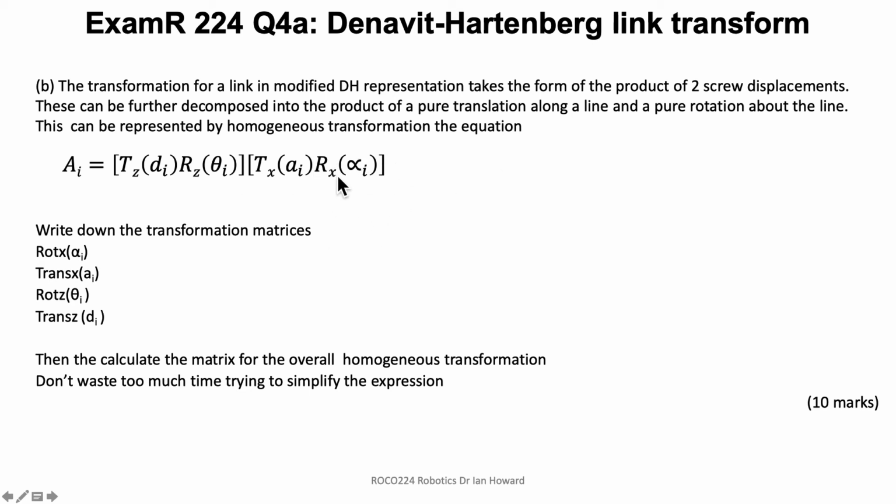First of all, we have to account for the rotation around x by alpha, then the translation along x by A, then the rotation around z by theta, and then the translation along z by d. So it's asking now, first of all, to write down what these rotation matrices are: rotation around x, translation along x, rotation around z, translation along z.